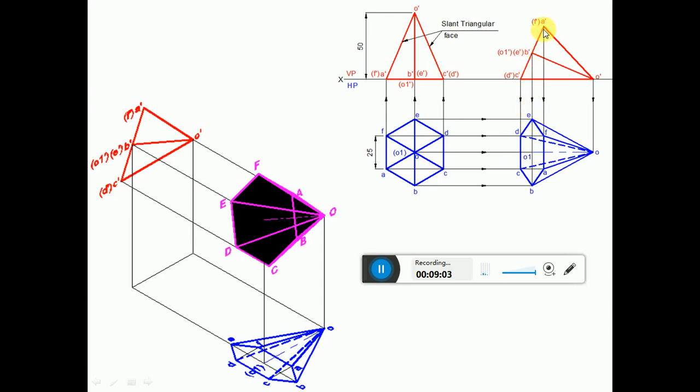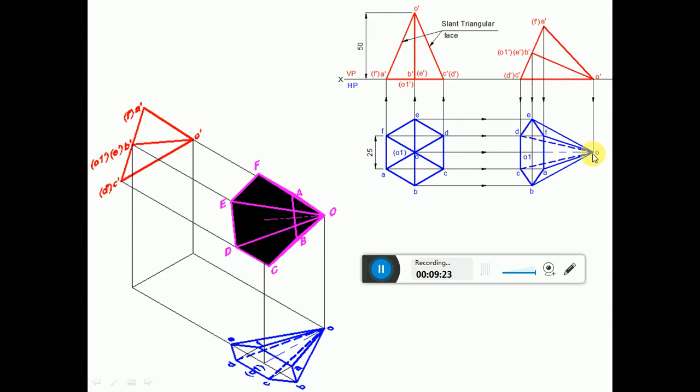Similarly, draw a vertical projector from F dash, A dash, and draw a horizontal projector from A and F to intersect at the point A and F, and draw a vertical projector from O dash and a horizontal projector from O to intersect at the point O.